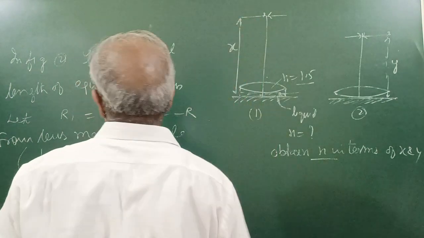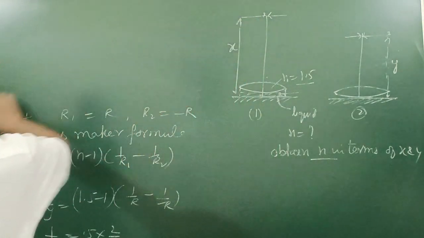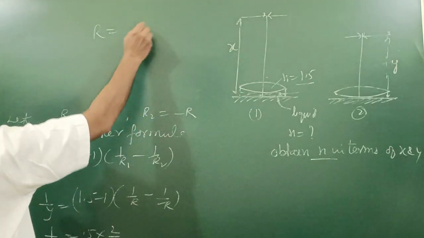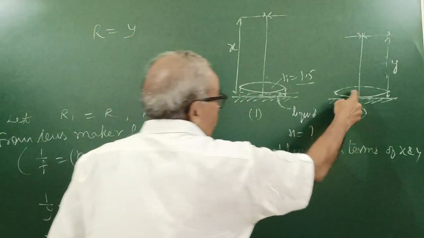Now what is this x here? So here we have got that the radius of curvature of this lens is y, the focal length of this lens is y.